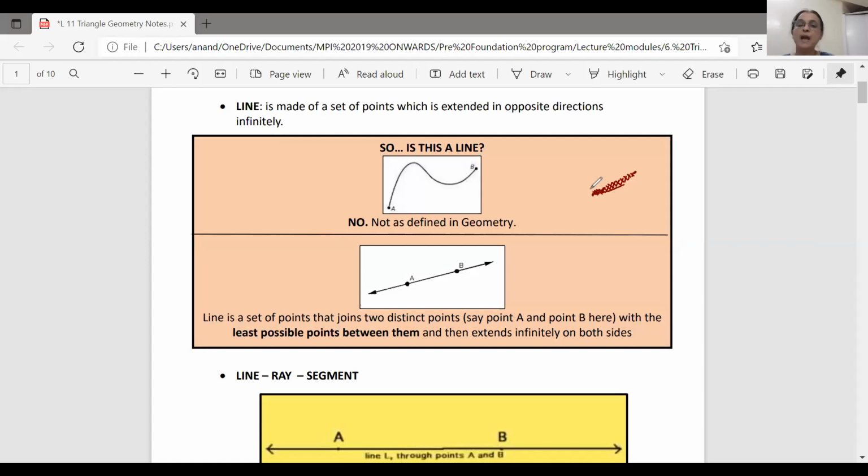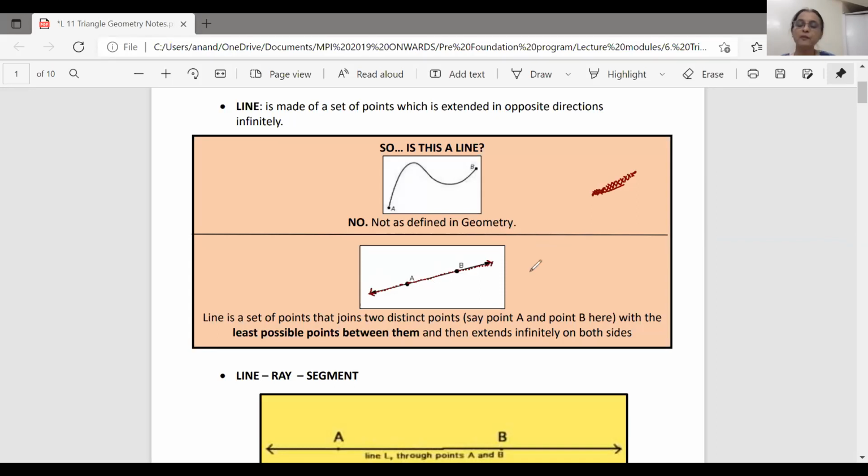And that figure drawn by using minimum marbles, marbles we will call points. When 2 distinct points are connected with minimum points in between and then extended infinitely on both sides, such a figure we call a line.